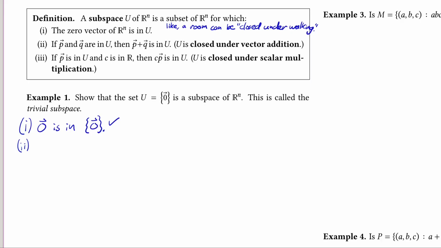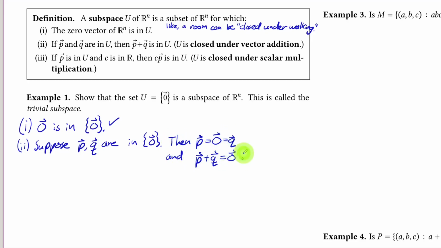To show that it meets condition number 2, suppose that you have any two vectors that are in this set. If P and Q are in this set, that means they're both 0. And if we add them together, it's just 0 plus 0, and that is still in the set that contains 0.